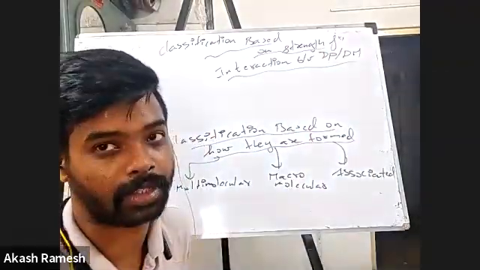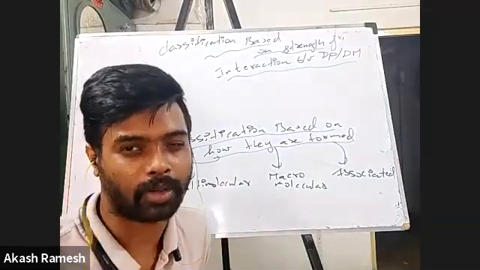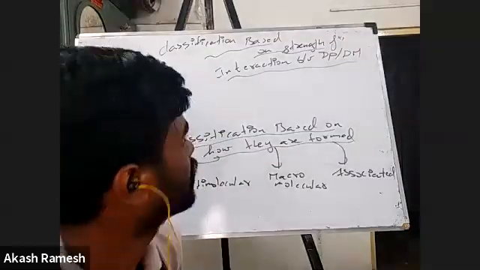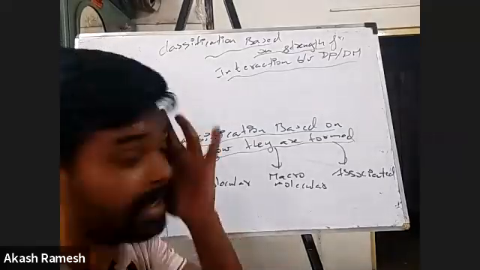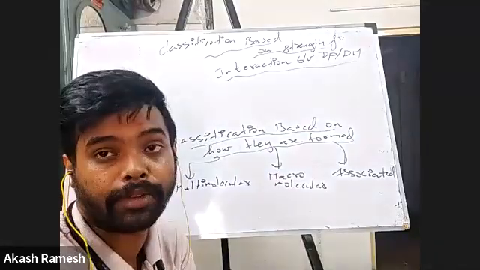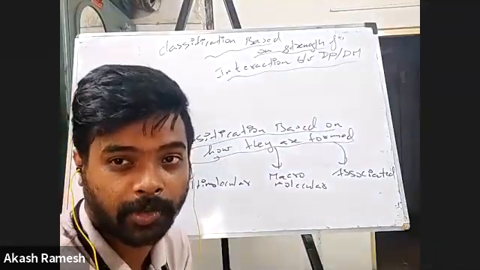Okay, so this is again just for you to understand what the classification is based on, right? If I say that it is about the strength of interaction, there are 2 ways of looking at it, right? So we have 2 components here: dispersed phase and dispersed medium.